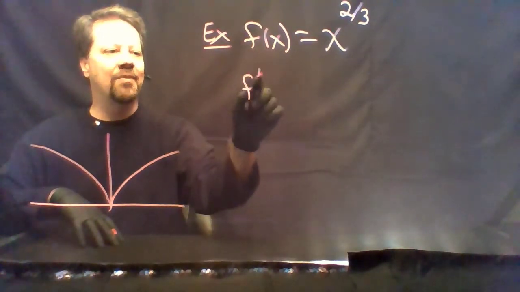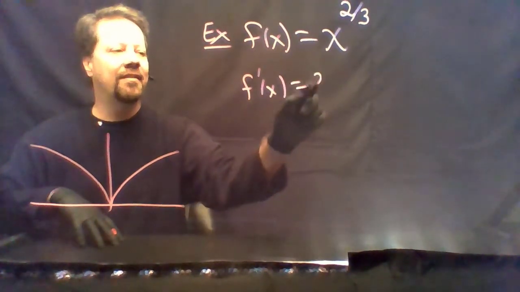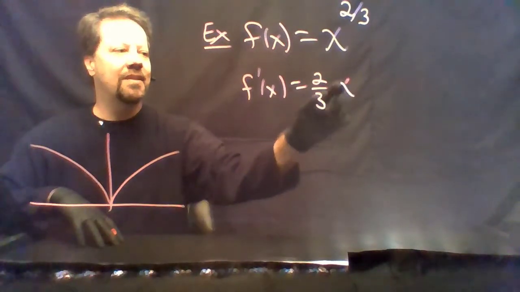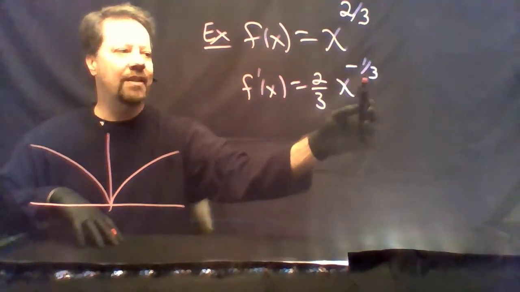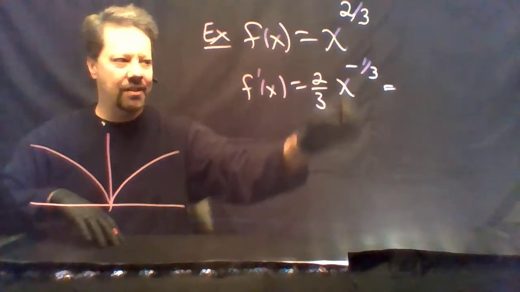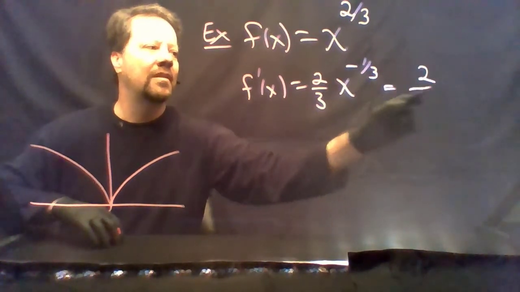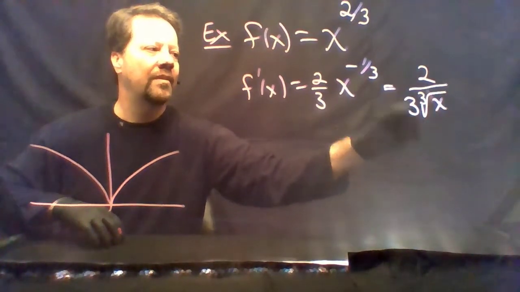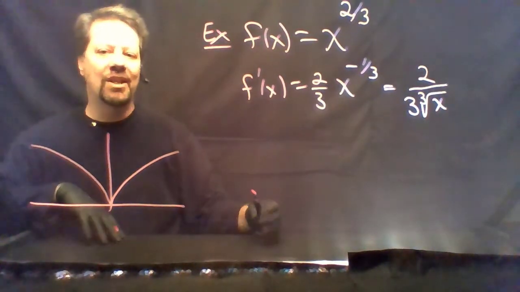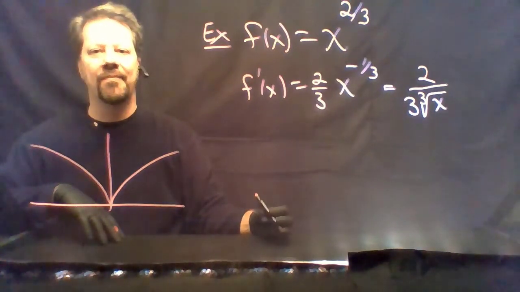As you can see, when you calculate the derivative, you get 2/3 x to the minus 1/3. That negative exponent can be eliminated by shoving this down across the division symbol, and we'll have 2 divided by 3 times the cube root of x.